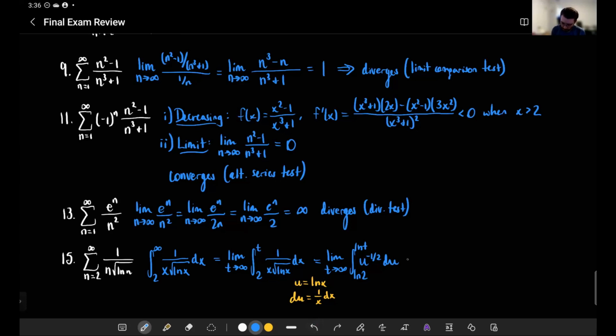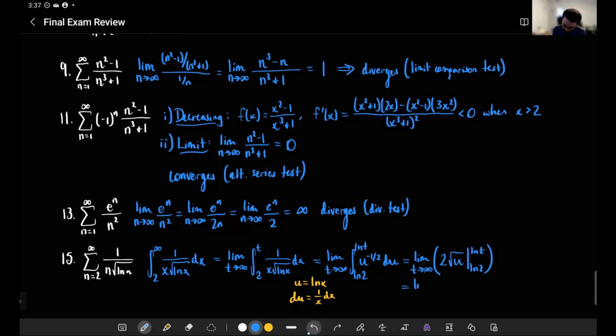Okay, now we evaluate this integral. U to the negative 1/2, when I integrate, becomes u to the 1/2 over 1/2. Dividing by 1/2 is the same as multiplying by 2, and then u to the 1/2 is the square root. So we have this from natural log of 2 to natural log of t.